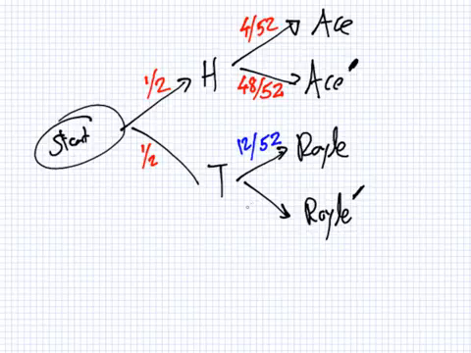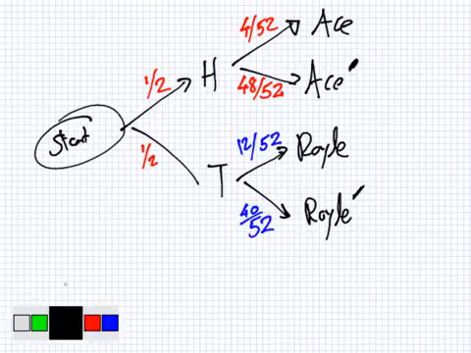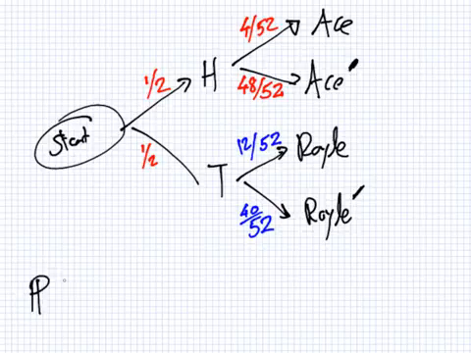So what's that then? 40/52, isn't it? Okay, I want everybody to calculate the probability of winning on this game. I'll give you a minute. So you win if you get a heads and an ace, or if you get a tails and a royal.